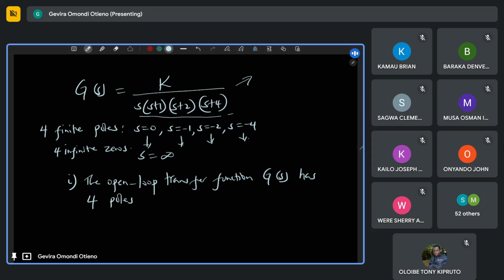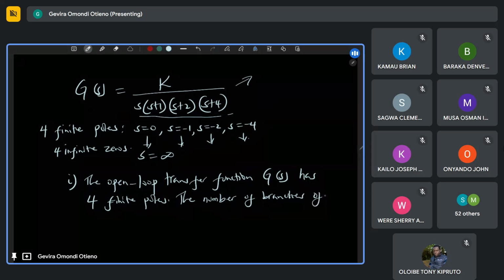Sorry, not 4 poles, 4 finite poles. Then you say the number of branches of the root locus is equal to the number of poles.